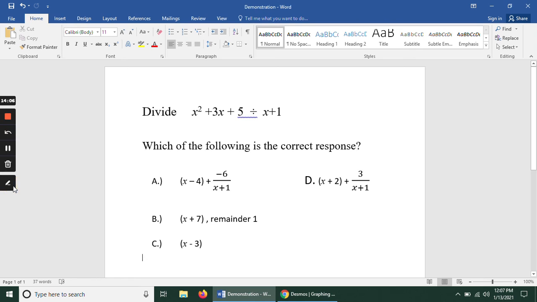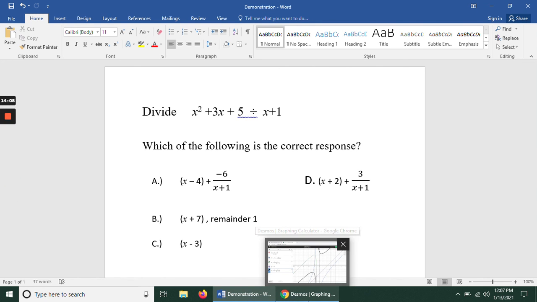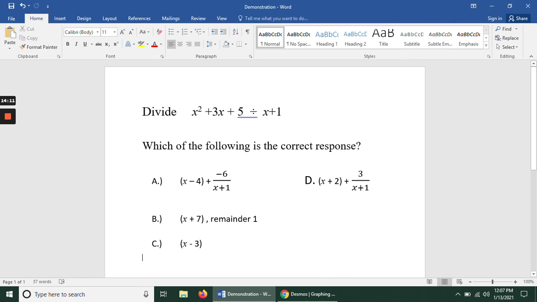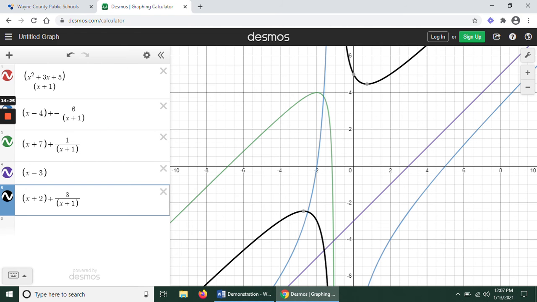So this is a very simple method to use. All you need to do is enter your original problem in Desmos, and then enter each possible response in separate rows and check to see which graph for a solution choice falls directly on the graph for the original division problem.